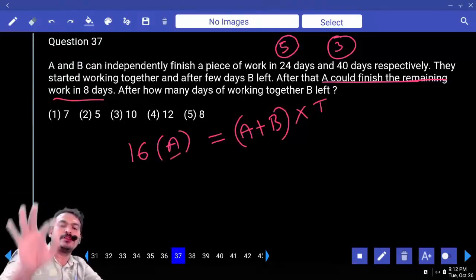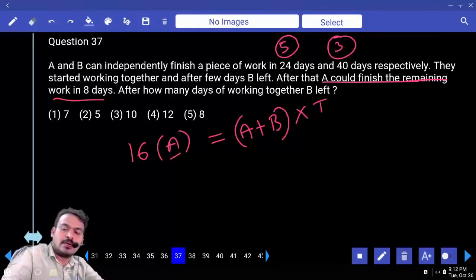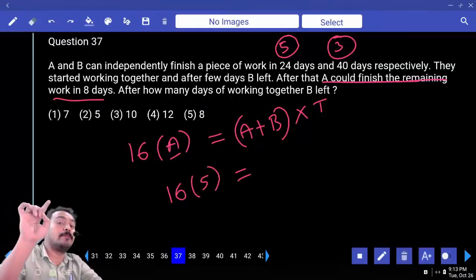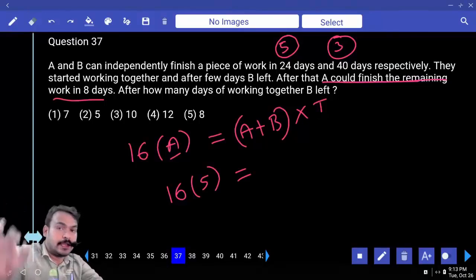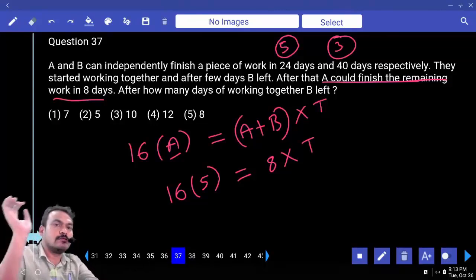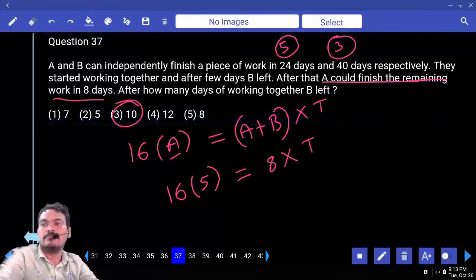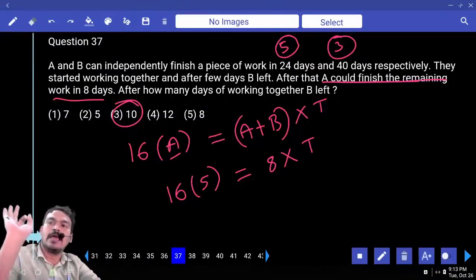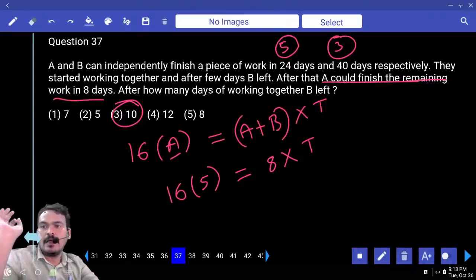What is A's efficiency here? 5. 16 into 5 is 80. It is equal to A plus B efficiency, which is 8, into T. Then the answer is 10 days. 16 days' work of A is equal to some days' work of A plus B.